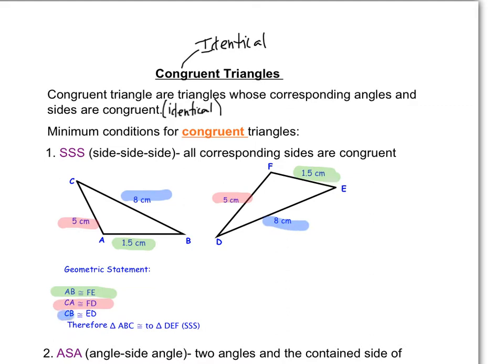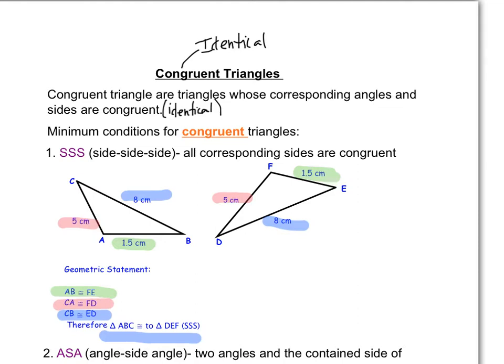So we can say side CB is congruent to side DE. Since we have three pairs of sides that are congruent, then we can state that triangle ABC is congruent to triangle DEF by side, side, side.